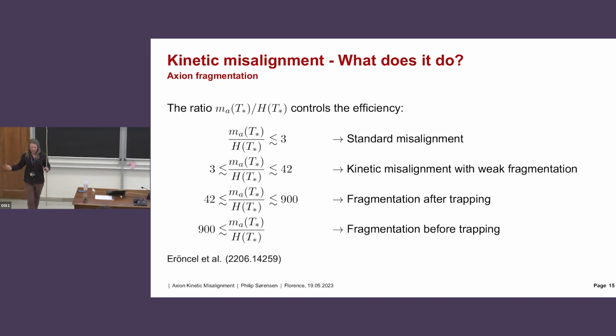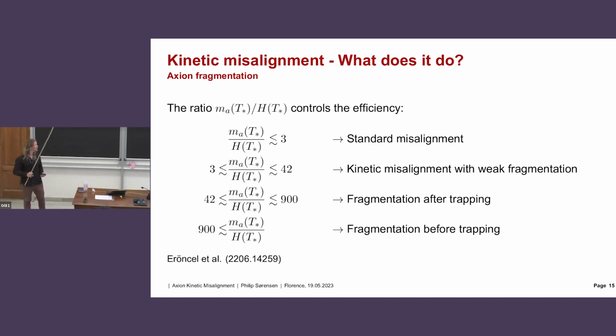But if Hubble is weak, then you can probe the regime where you can produce resonances much longer. So if the mass is smaller than Hubble, when you run out of kinetic energy, you're frozen in and you just have to wait for standard misalignment.